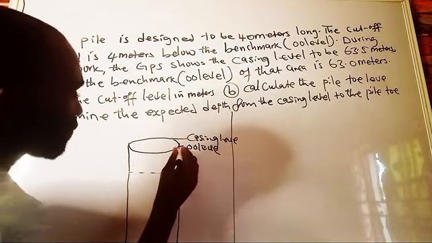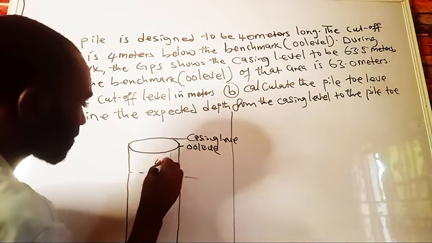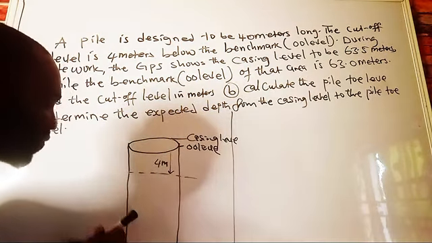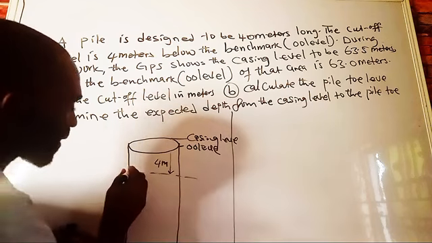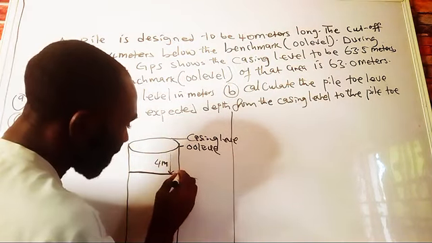So from here to here is 4 meters. So this is where the pile at the cutoff level is going to start.